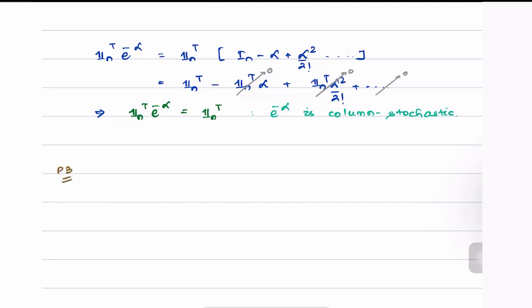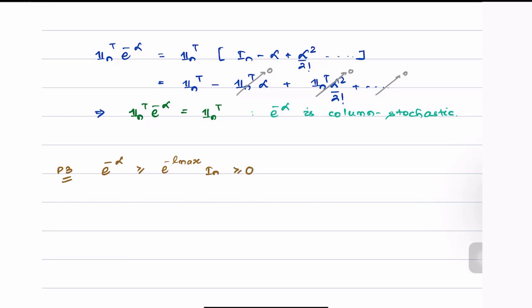is the following. It says that e raised to the power minus L is always greater than or equal to e raised to the power minus L max times In, which again is of course greater than or equal to 0.